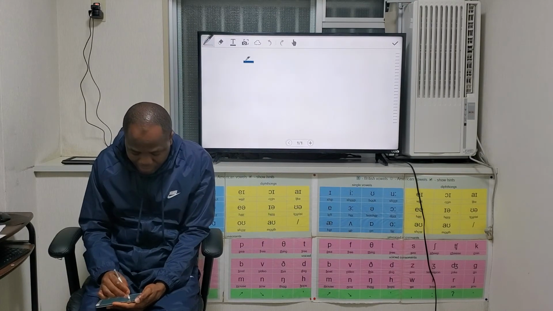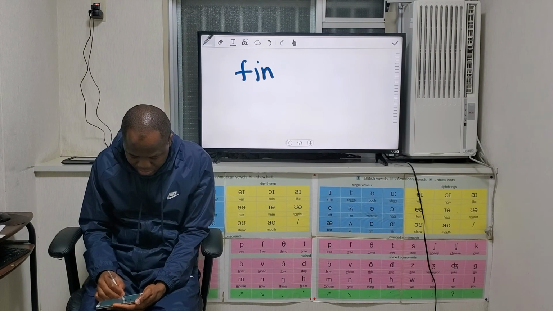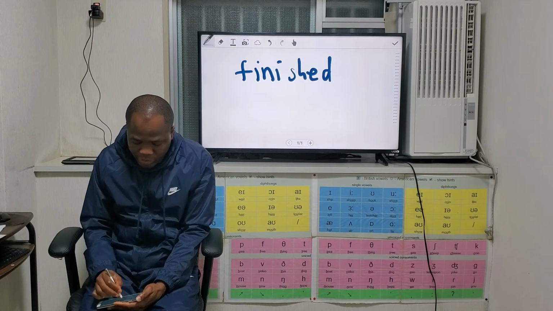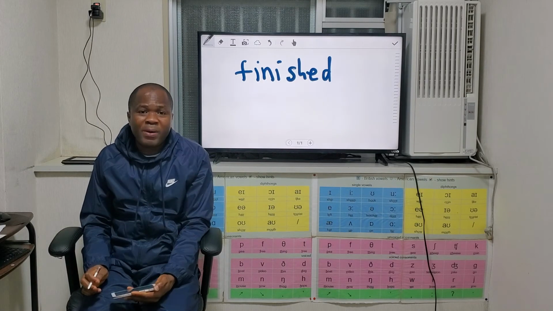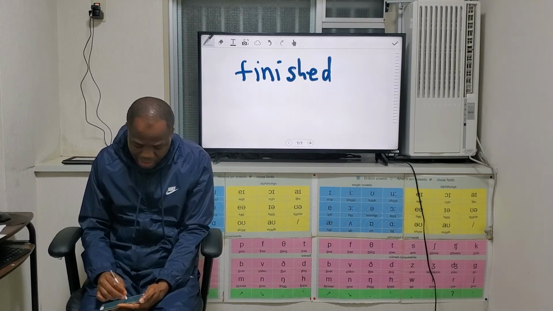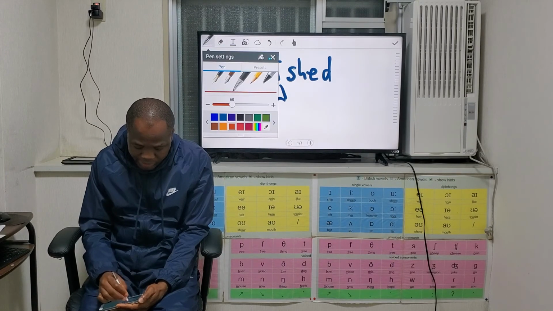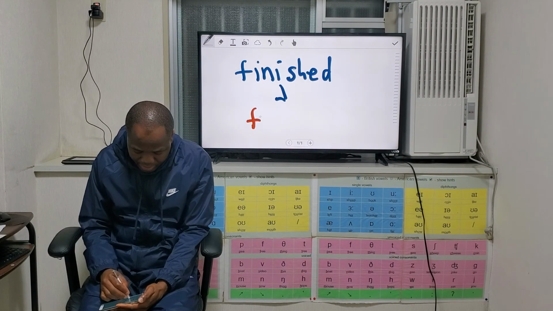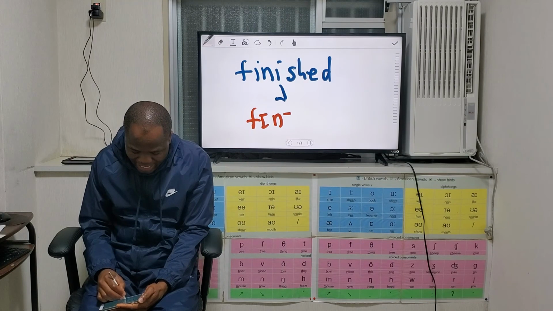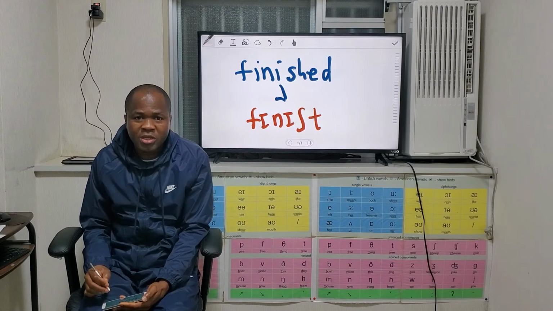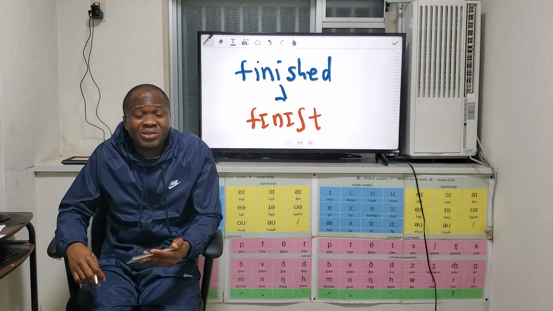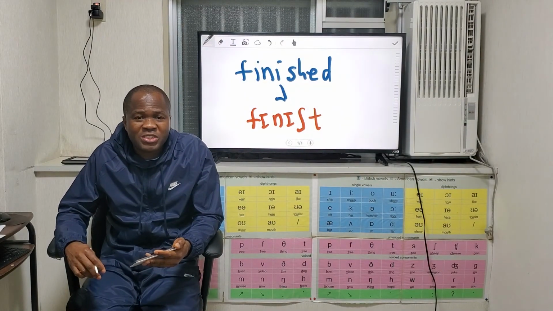So we have an example like finish. Finished. This is a simple past tense. And how do you pronounce it? Look at the pronunciation. It's going to be something like finished. So the last sound is a T sound.